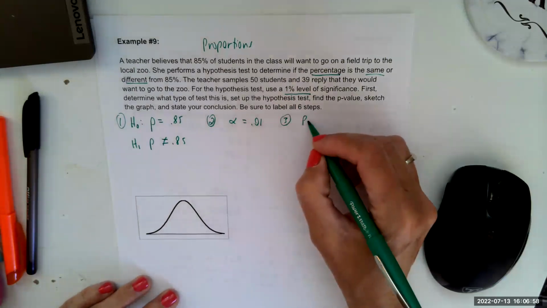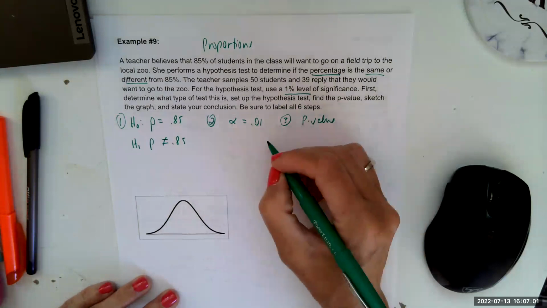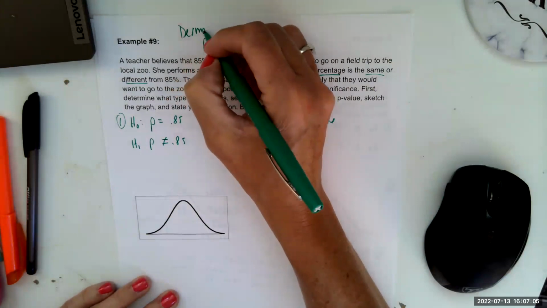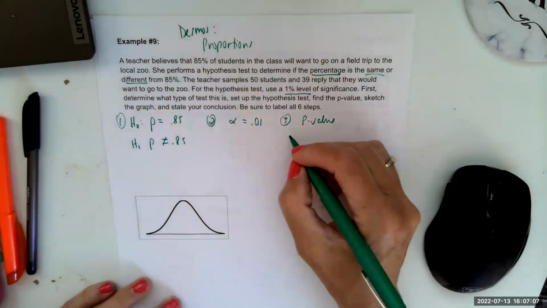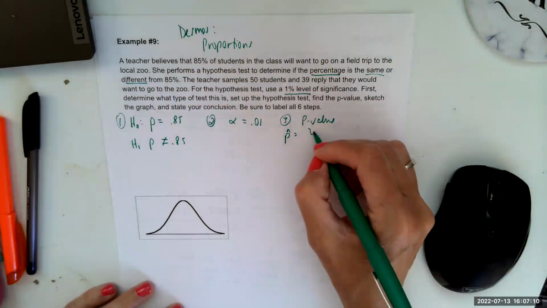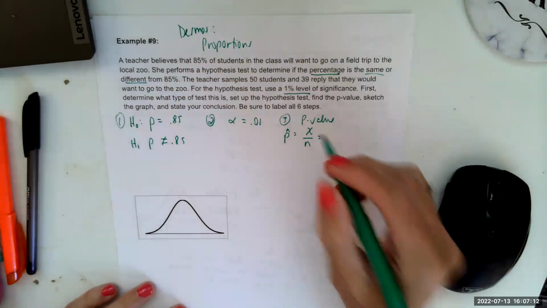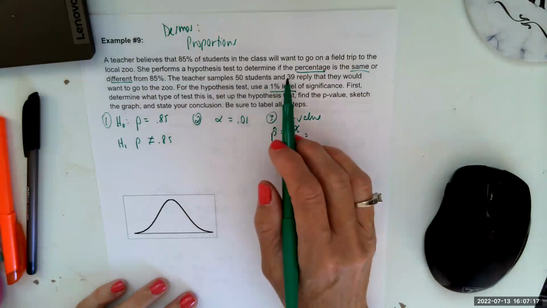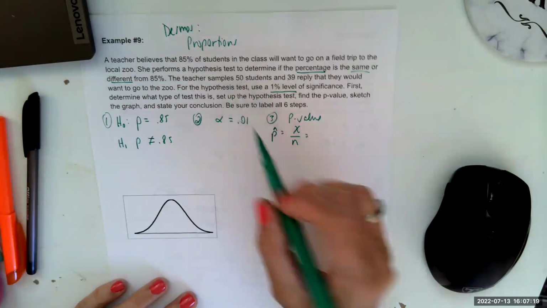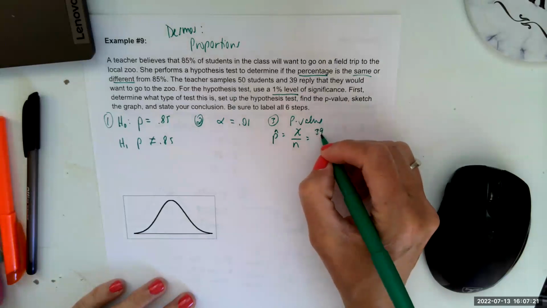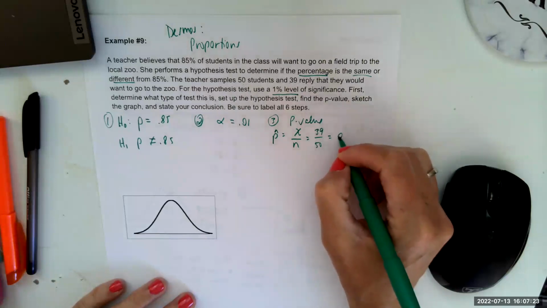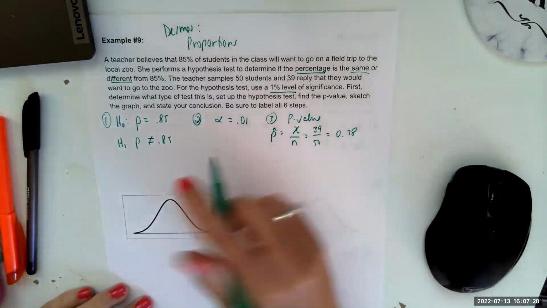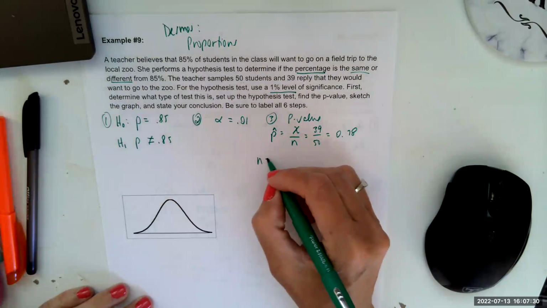And we are definitely going to find a p-value. We're going to use Desmos for proportions. And so we're going to need our p hat, which is x divided by n. If they don't give you a sample percentage, you have to calculate it. That's calculated from 39 said yes, they want to go to the zoo out of 50. So 39 out of 50 students gives us a sample p hat of 0.78. And then obviously n is equal to 50.